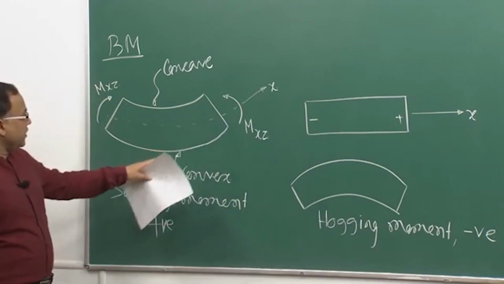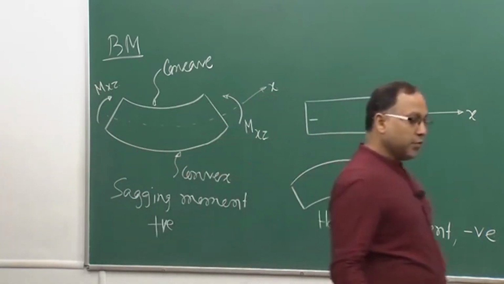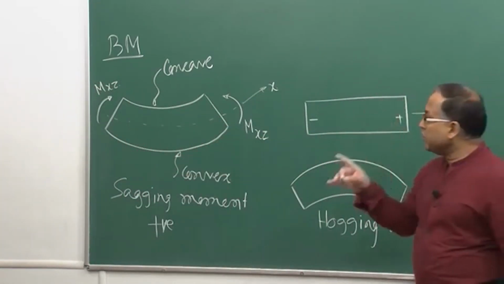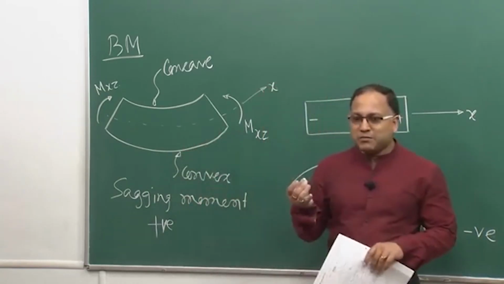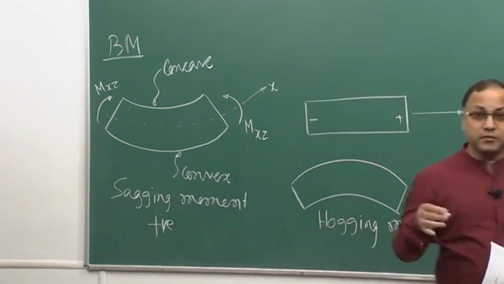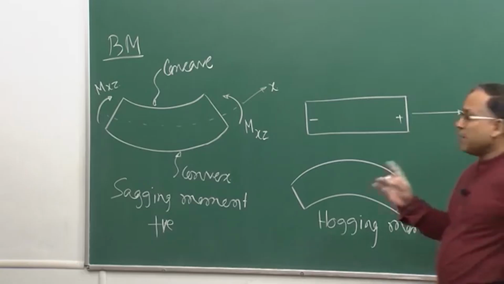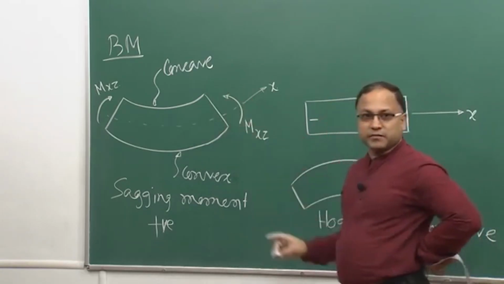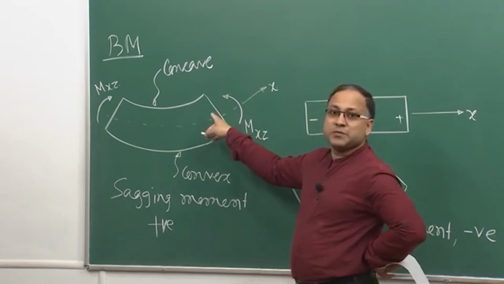Please try to understand, you need not remember all those things, because it is pretty convenient to remember that sagging moment is positive and hogging moment is negative, but it is actually coming from your moment direction.